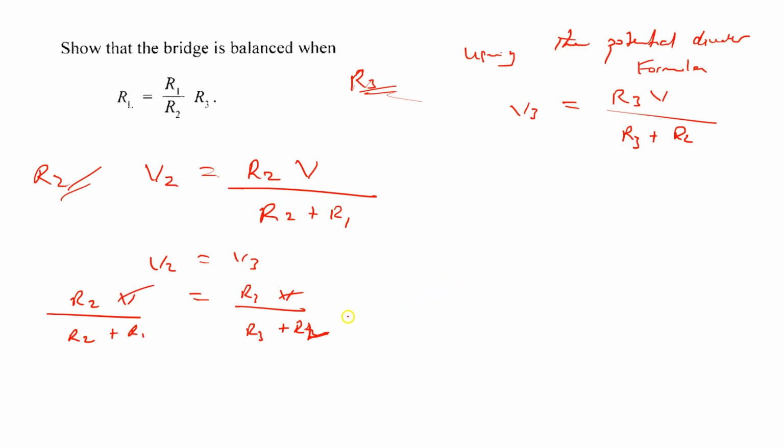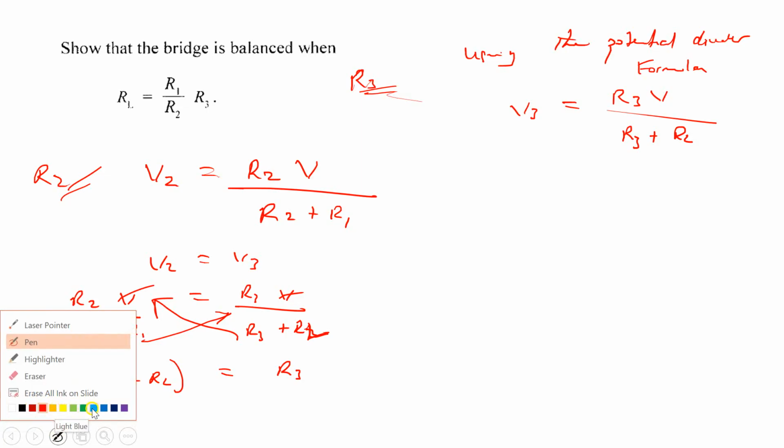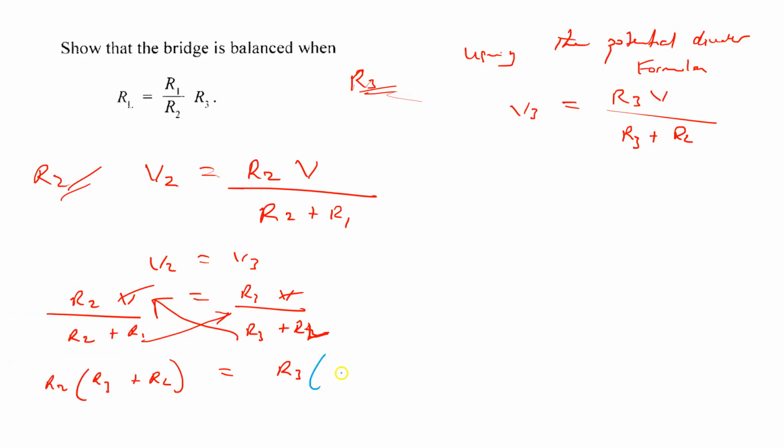All right, so we're going to transpose the equation. We're going to bring this across, and this across. So we have R2 multiplied by R3 plus RL, equal to R3 multiplied by R2 plus R1.